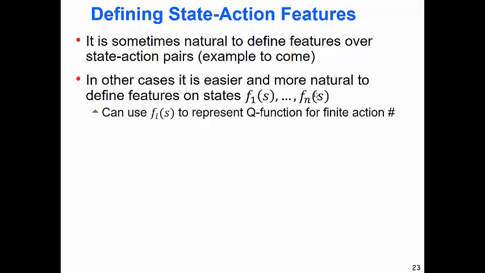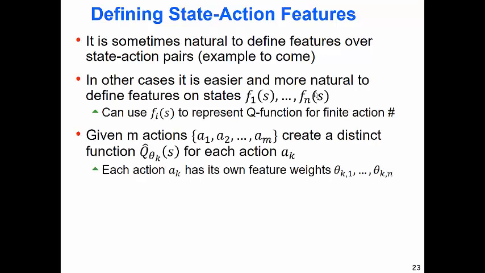There's a generic, pretty simple way to use these state features to get a Q function over states and actions. It's kind of a no-brainer. You just define an individual Q function for each action. This function here is going to be for the action AK, and for any state, it returns the Q value for action AK.